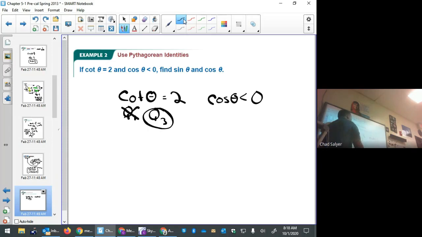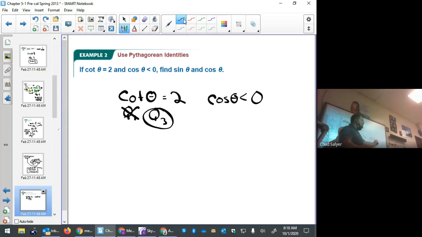So I know theta is in quadrant 3 by analyzing the sign of the cotangent. It's positive. Cotangent is cosine divided by the sine. So the cosine and the sine must have the same sign for the ratio to be positive. And that's only the case in Q1 and Q3.